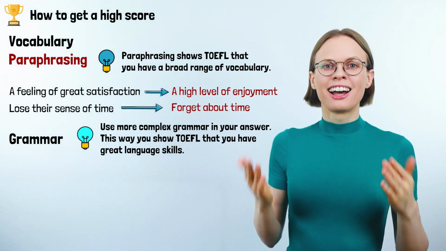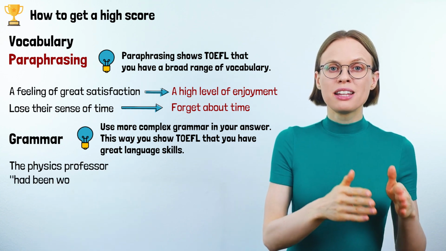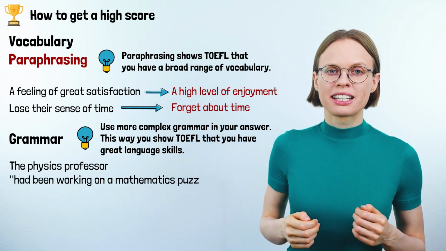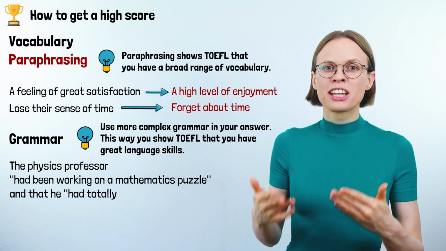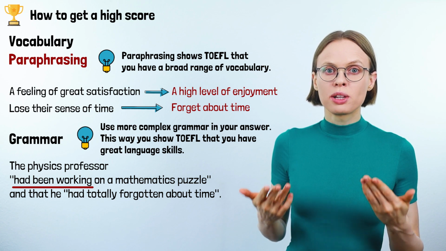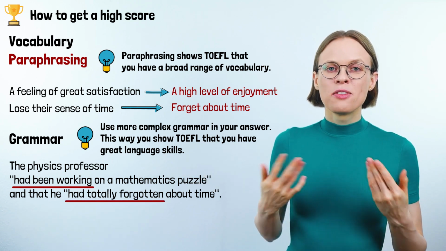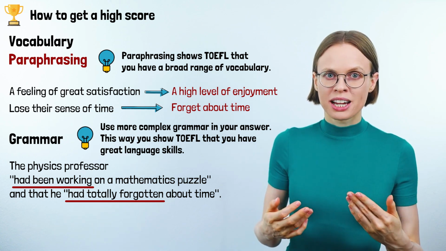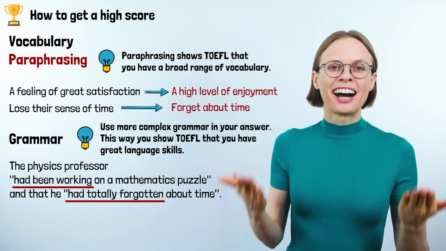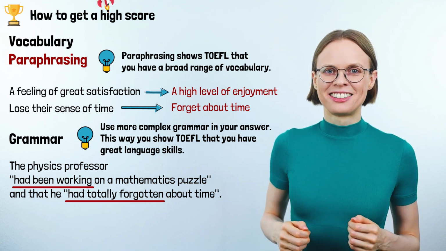For example, I said that the physics professor had been working on a mathematics puzzle and that he had totally forgotten about time. I used a complex past tense to showcase my grammar. This way I demonstrated that I know how to do this, which would improve my TOEFL speaking score.